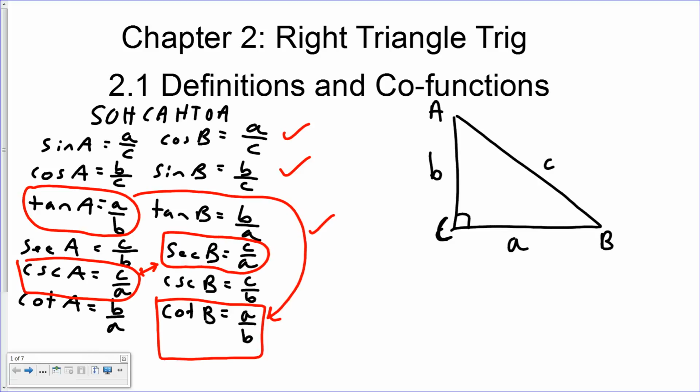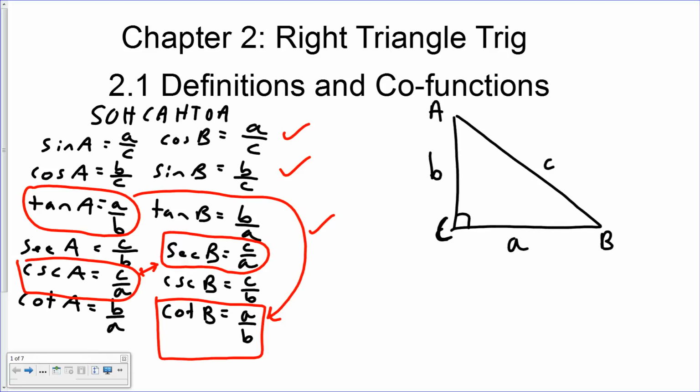Which ones are paired up with each other? 1, sines and cosines. 2, tangents and cotangents. 3, secants and cosecants. Again, let's think about those.